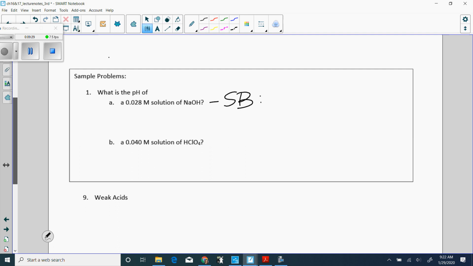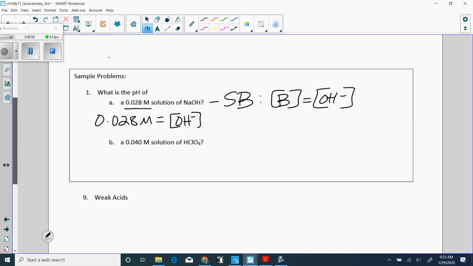The strong base means that the concentration of the base is the same as the concentration of hydroxides. They aren't the same physical thing, but they're the same amount. So that means that 0.028 molar is equal to this hydroxide. I'm going to let you do the rest with your battle buddy, but let's look at B.